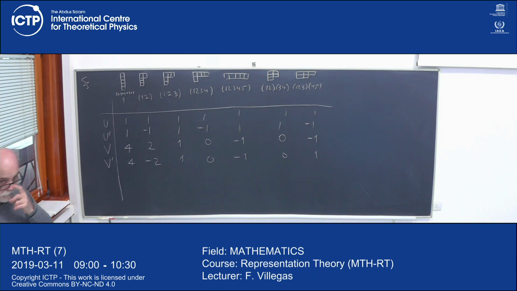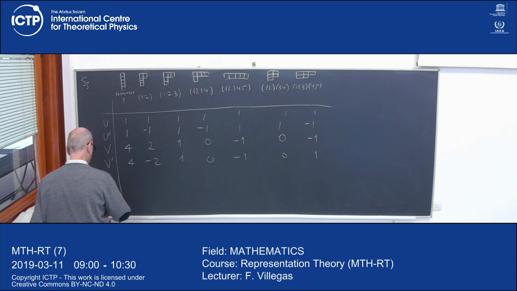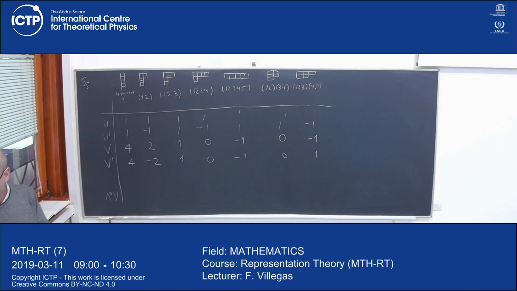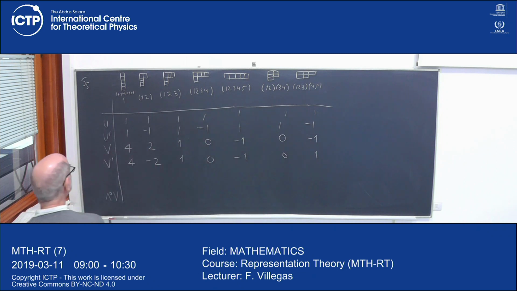We haven't proved it, but I mentioned it. So we can look at the wedge 2 of V, which will be dimension what? If V is dimension 4, wedge 2 is dimension 3 times 4 over 2, so 6.